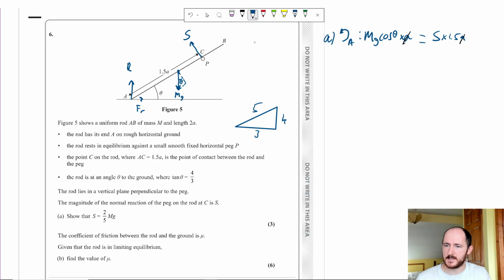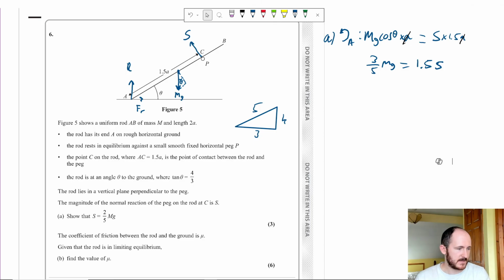Now what would cos theta be? It would be adjacent over hypotenuse, so 3/5. So it would be 3/5 mg equals 1.5S. I actually couldn't read my own handwriting there for a second. Yeah, see, it's so hard to draw an S that doesn't look like a 5. Anyways, now we're going to divide both sides by 1.5, and that should give us the answer of 2/5.